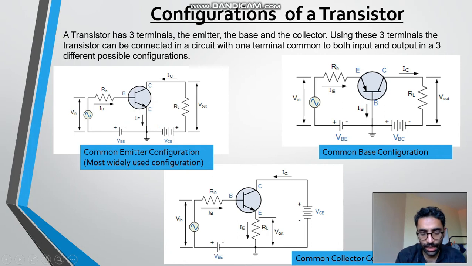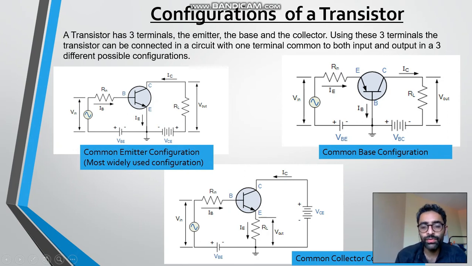You can also find the load resistance RL connected to the emitter directly. So you are getting V out at the resistance which is connected to the emitter, and you are getting V in at the base on a resistance connected to the base, that is Rin.